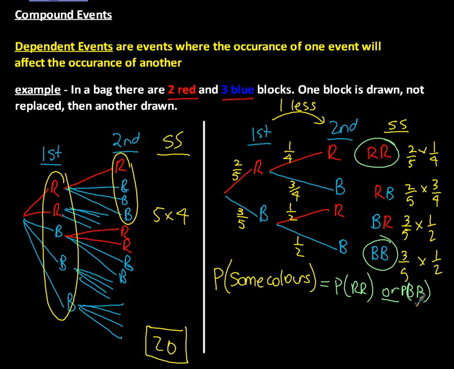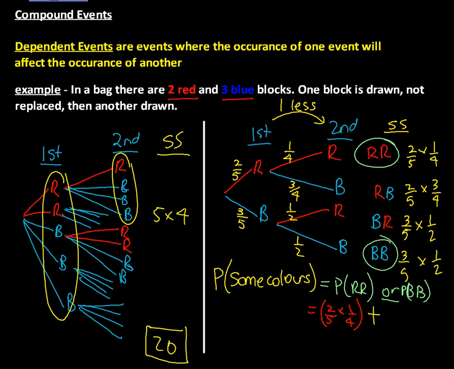Okay, so now if we want red, red, we multiply along our branches. So we can write that down. So our red, red is 2/5 times 1/4. Or if we want more than one outcome in our sample space, we remember to add that. So I'll put my plus there.